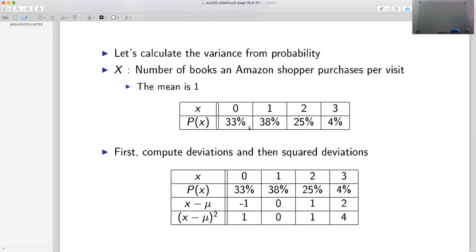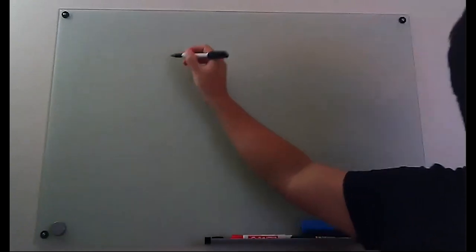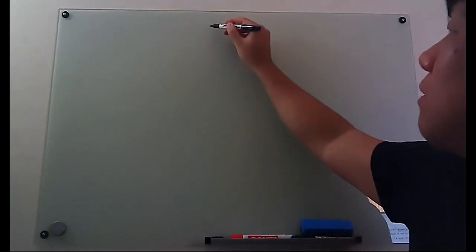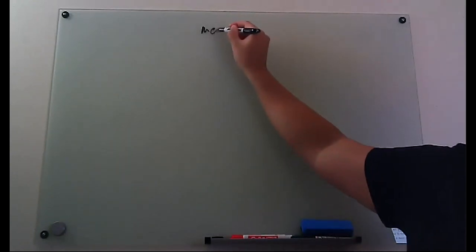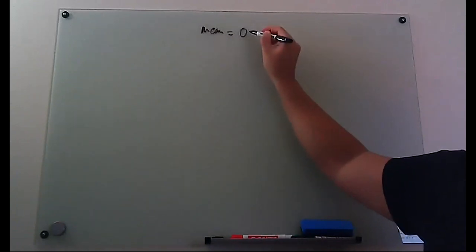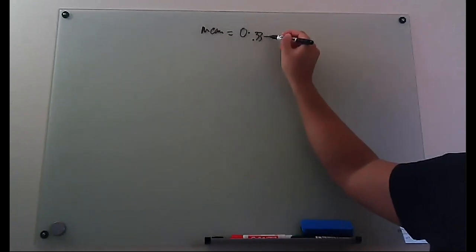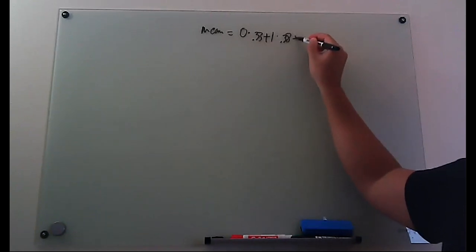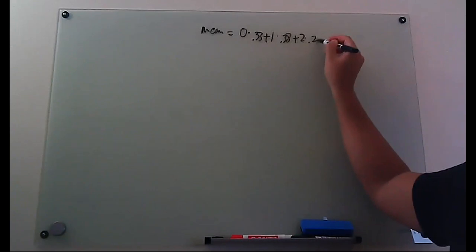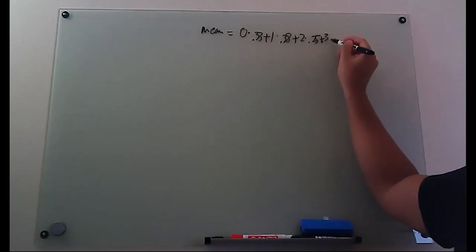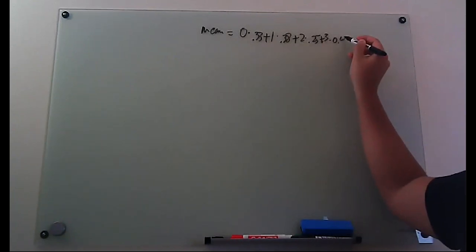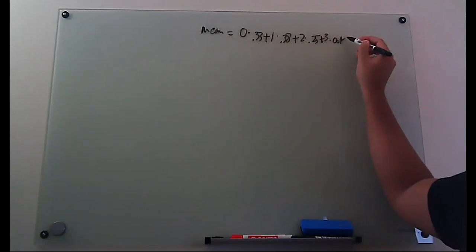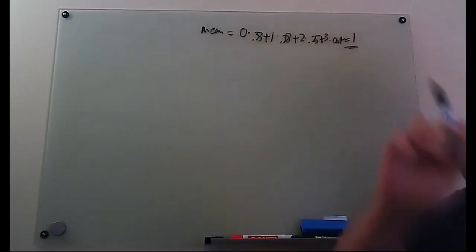So if you summate them, that would be the average. So the mean would be 0 times 0.33 plus 1 times 0.38 plus 2 times 0.25 plus 3 times 0.04. So that would be number 1.